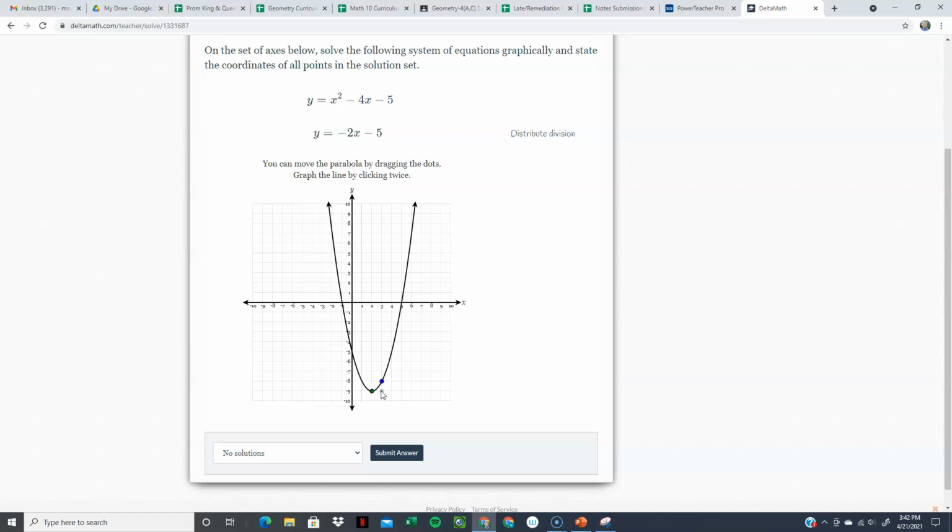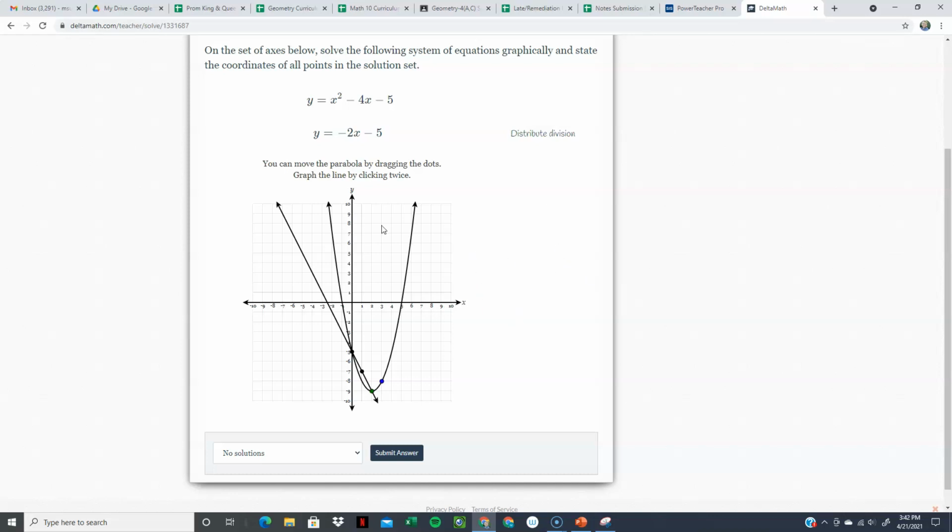So this is what our parabola should look like for the quadratic, and then we can go ahead and plot this other one as well. So we have our y-intercept at negative 5, and our slope is negative 2, so we want to go down 2 to the right 1. So it should look like this.